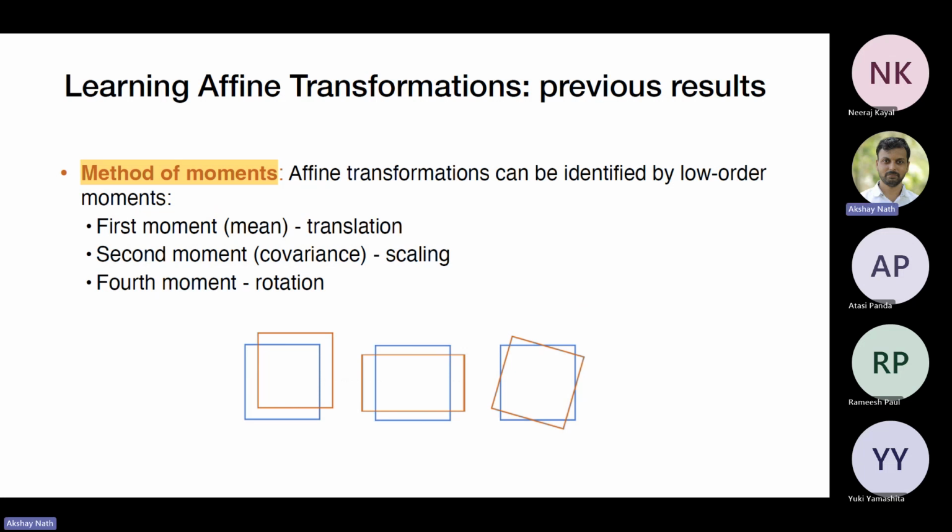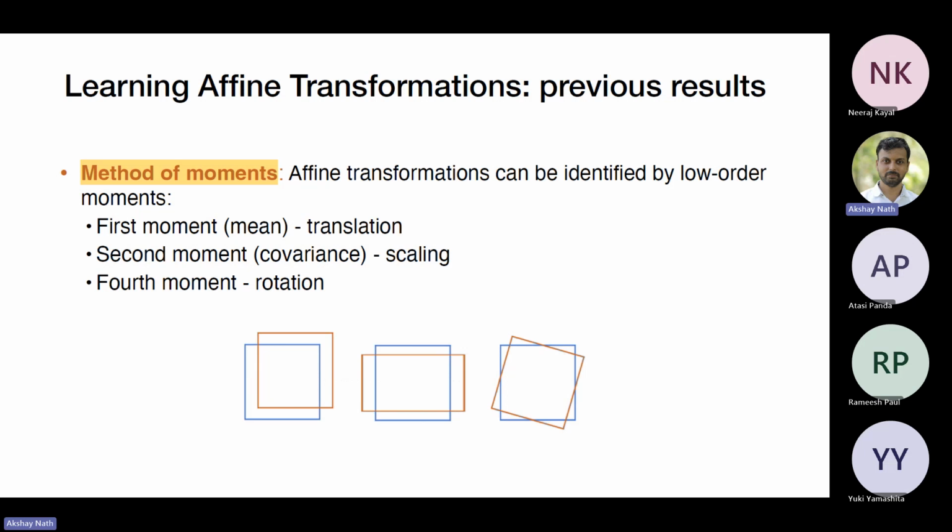Suppose this blue cube is the standard hypercube, and this is the orange cube. If we compute the empirical mean of this cube, then we just get the translation vector. Similarly for the scaling case, if we compute the second moment, or the covariance, of the distribution of those samples, then we'll get the scaling factors in each direction.